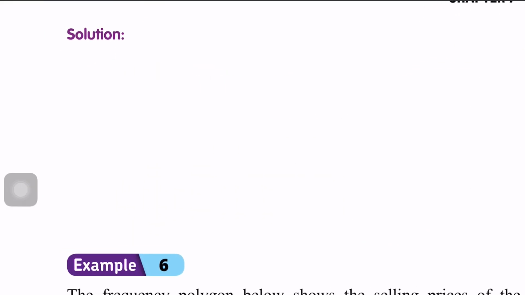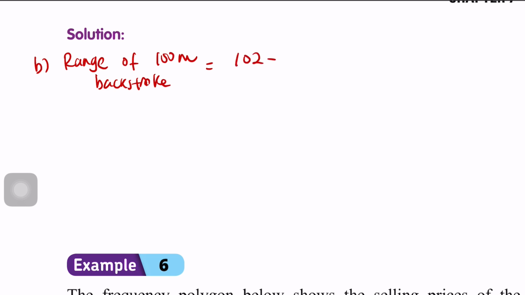Okay, so midpoint, okay, saya kira kat sini lah. Okay, A tadi dah ada so B. Okay, kita kira range. Okay, range of 100 meter backstroke. Okay, so kita ada 102 minus 72 which is equals to 30 second. Okay, C. Okay, apa soalan C?